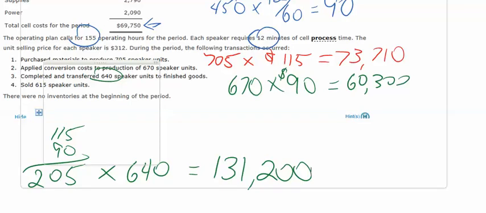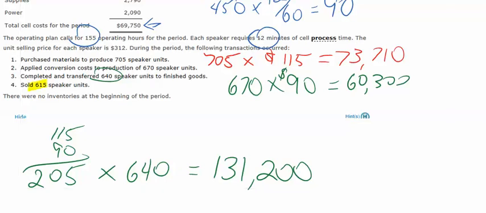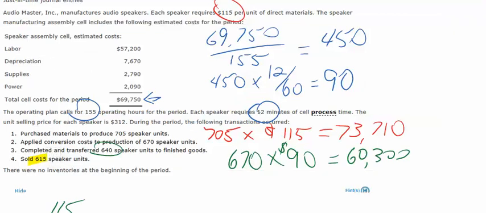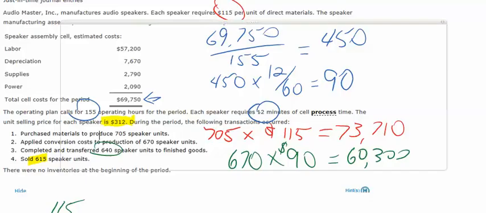Finally, the speakers sold, I have 615, and we're going to sell those 615 units for $312.